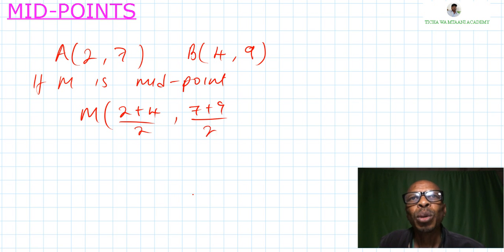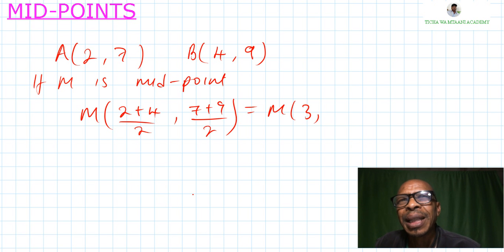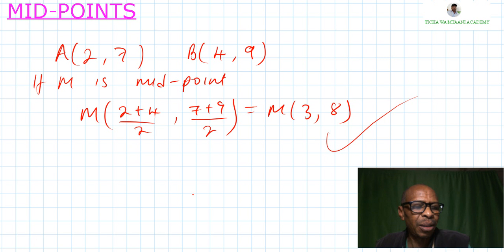That gives us 2 plus 4 is 6, 6 divided by 2 is 3, and 7 plus 9 is 16, divided by 2 is 8. So that is the midpoint. This becomes an easier way of getting the midpoint. You add the two corresponding values of x and divide by 2, add the corresponding values of y and divide by 2, and you get the midpoint.